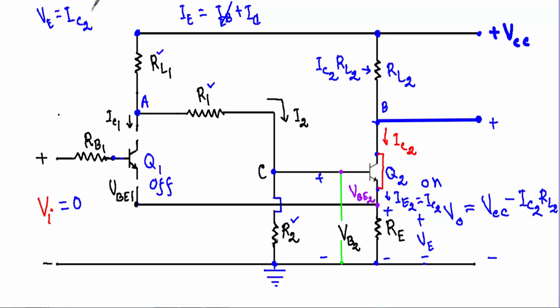Therefore I will write it like this, IC2 RE, and you will see that the positive end of this VE is connected with the N-type emitter of the transistor Q1. That means the negative terminal of this VE is connected with the P-type emitter. That means this VE will put the base to emitter junction of the transistor Q1 in more reverse bias.